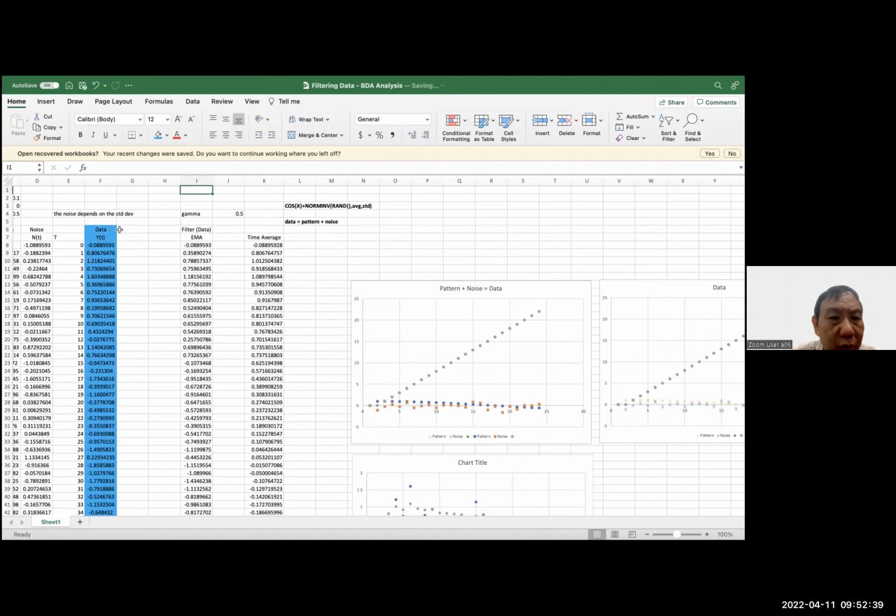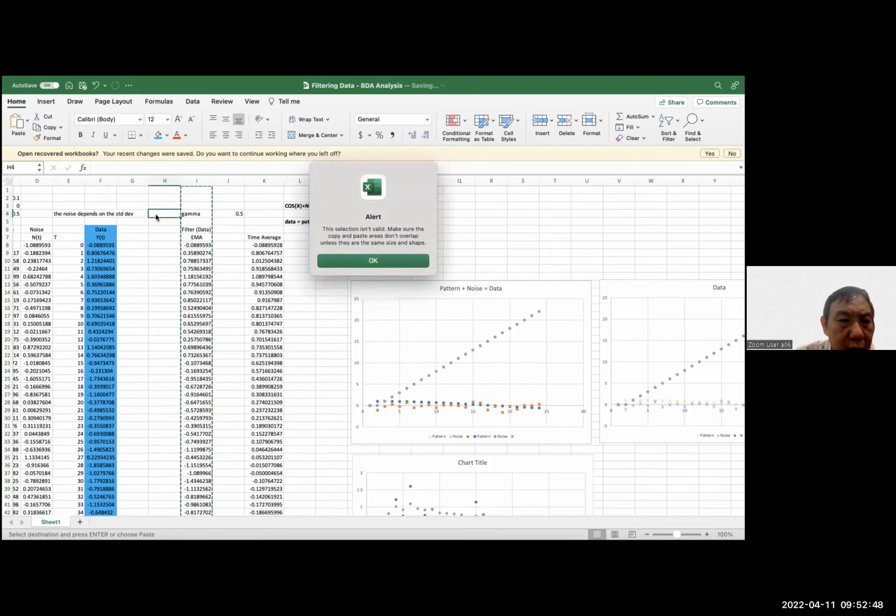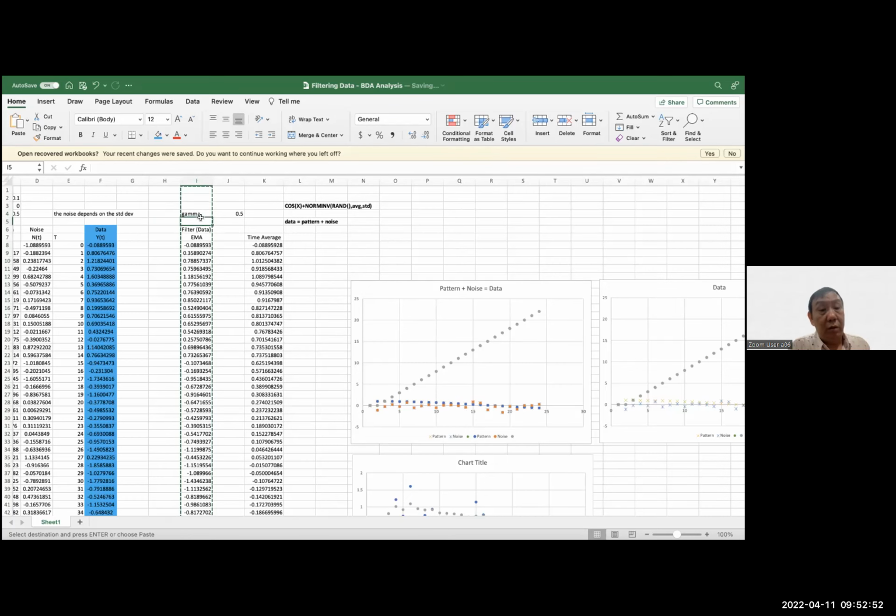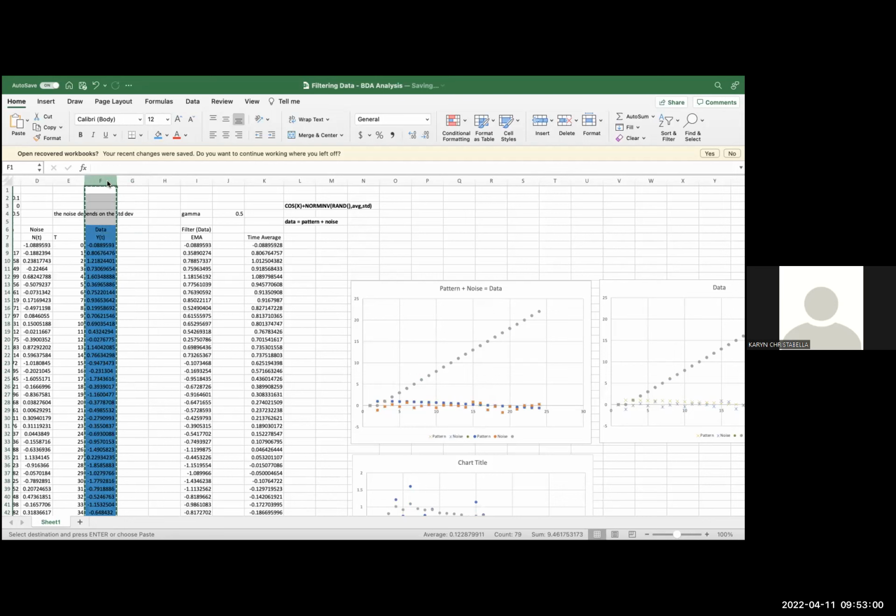Now you can move your EMA near to your data. Just your data points, from row 6 down. I6.